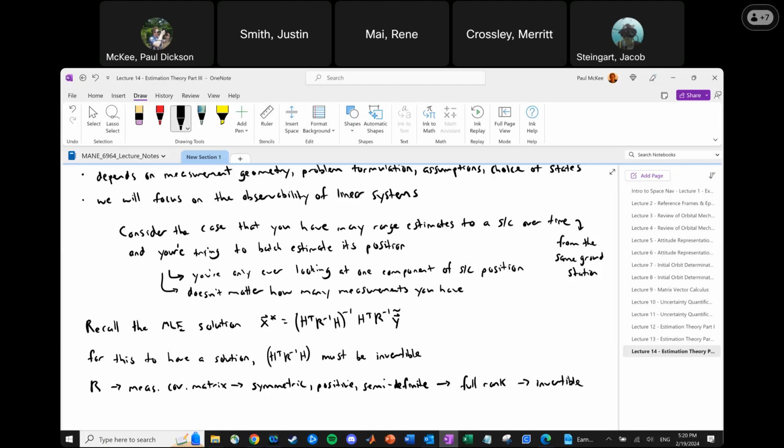H, on the other hand, must have rank n, where n is the number of states.